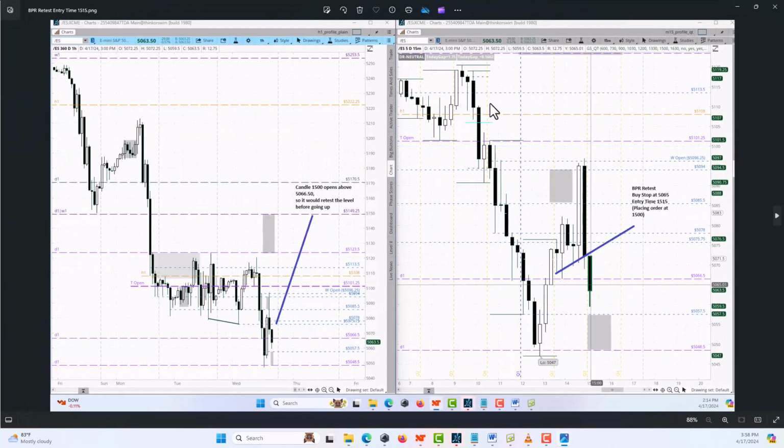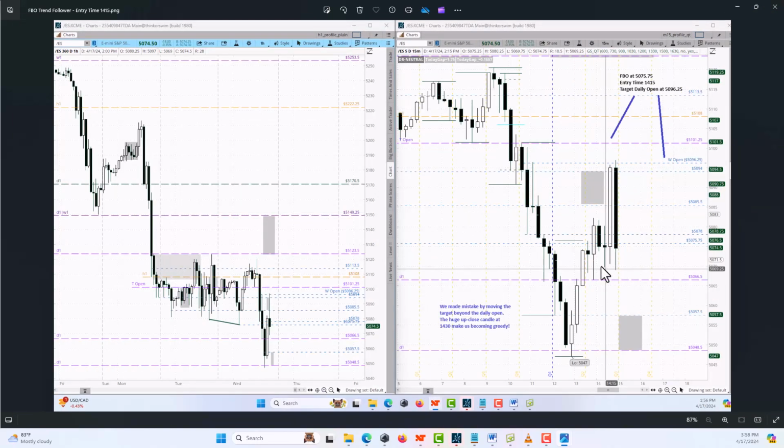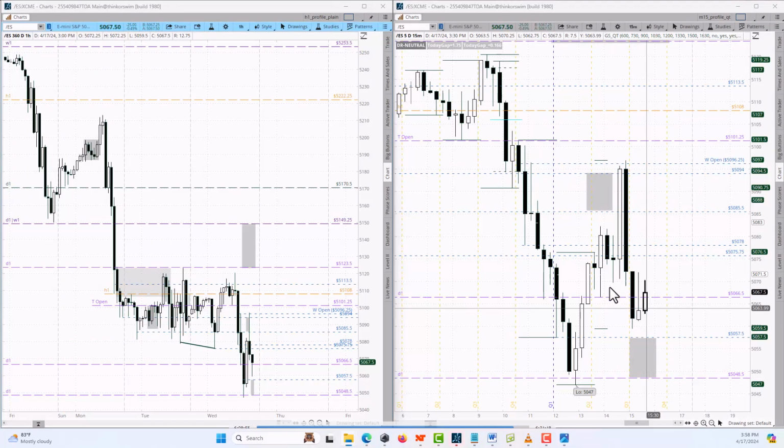Okay, yeah, here's the balanced price range right there. Balanced price range retest. You see right there? Yeah, we did go long, but it's a break even trade for us. Because if we put it, you see, we go back. So we break even right here. We get out because this candle gets flipped right there. Yep, that's it.